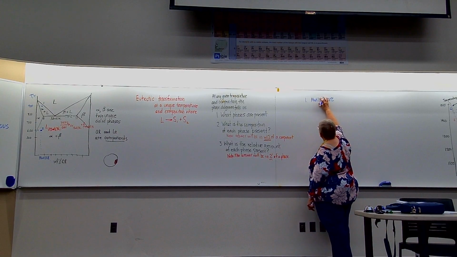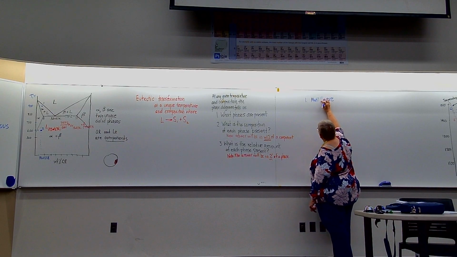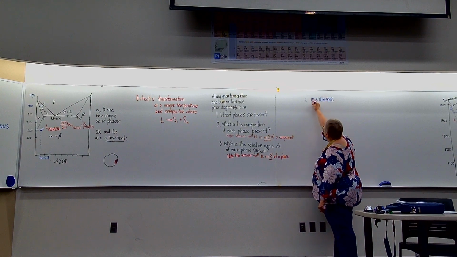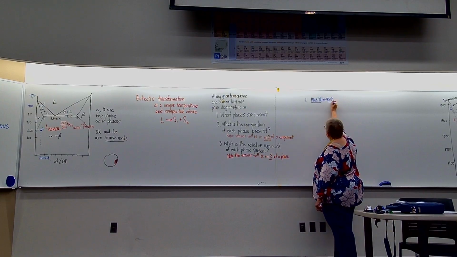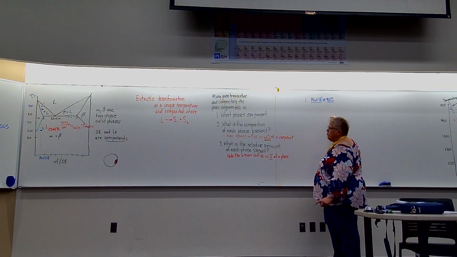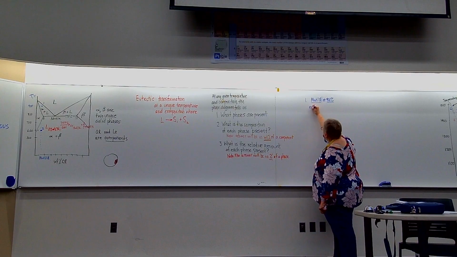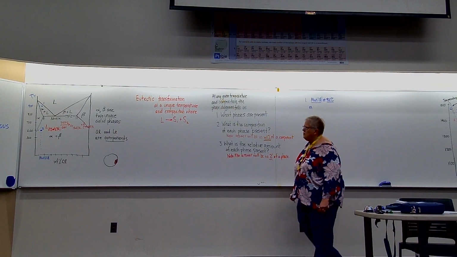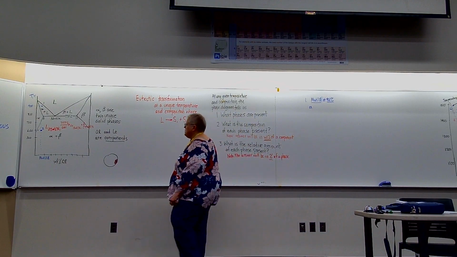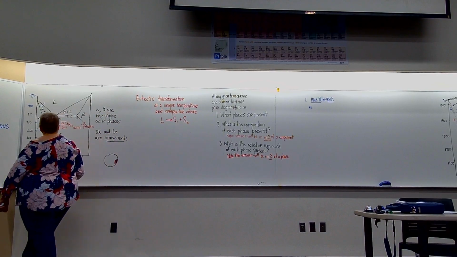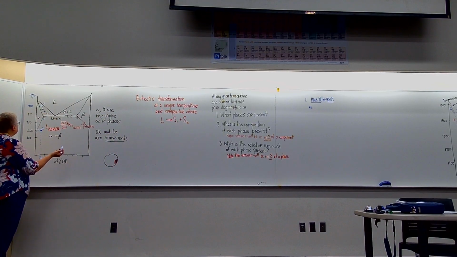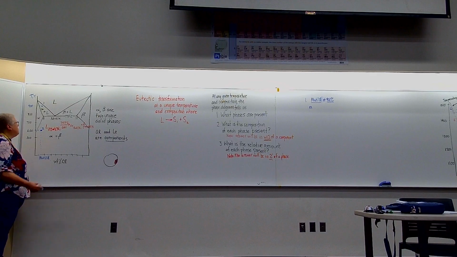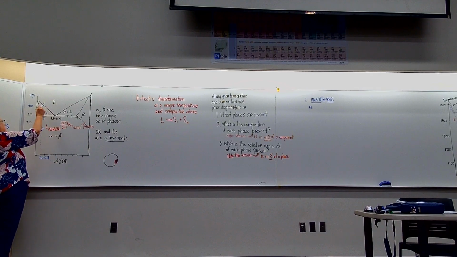Oh, that's right. 14 weight percent OL. That's my composition. Temperature 900 C. First question. What are the phases present? That's the easiest question. We just look where we are on this map. In what region are we? Well, we're in the region where there's alpha and liquid.